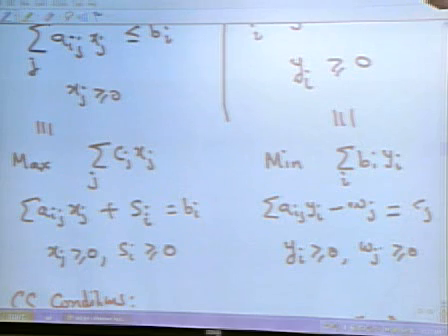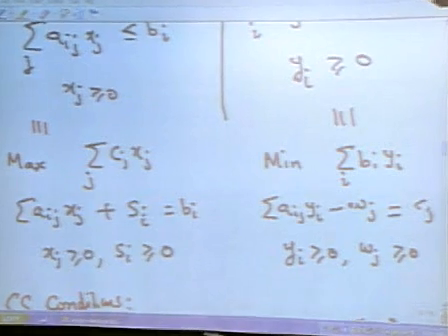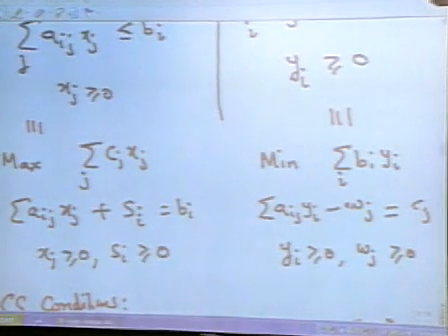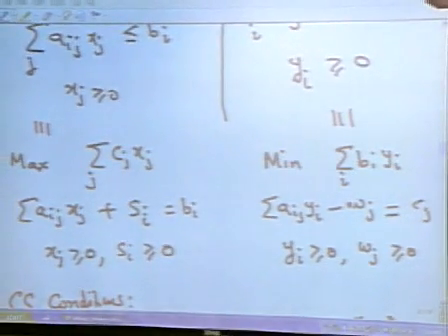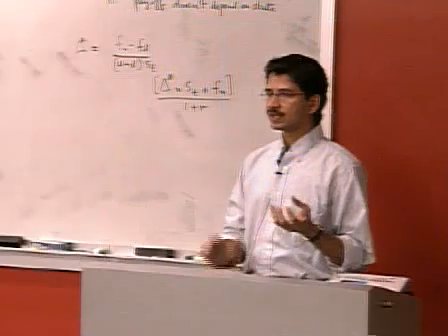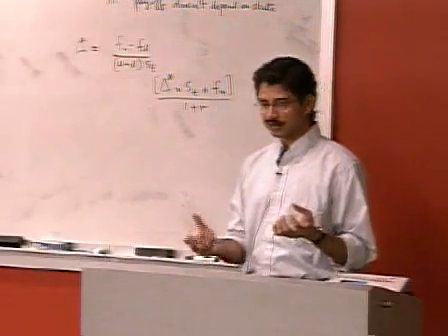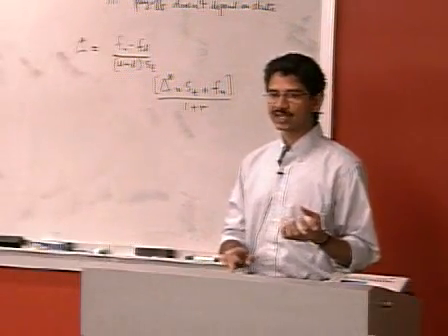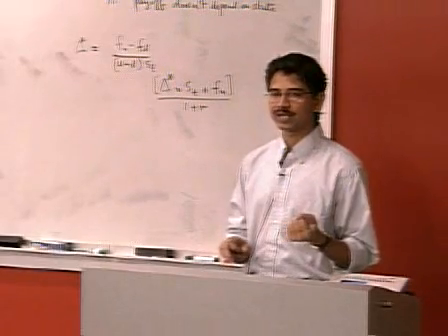Now, for the primal problem, I introduce slack variables, which are Si, and I say that the ith constraint now reads summation Aij xj plus the slack equals Bi. Or in other words, Si is going to represent the difference between Bi and the amount of resource i that I actually consume in my solution x.